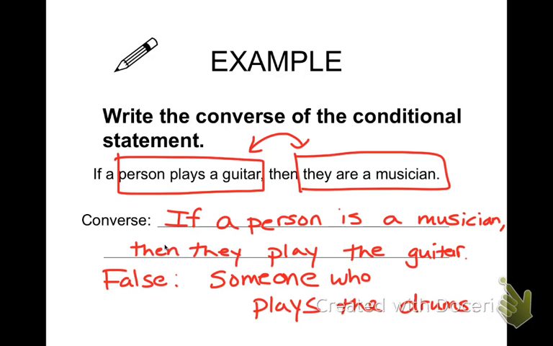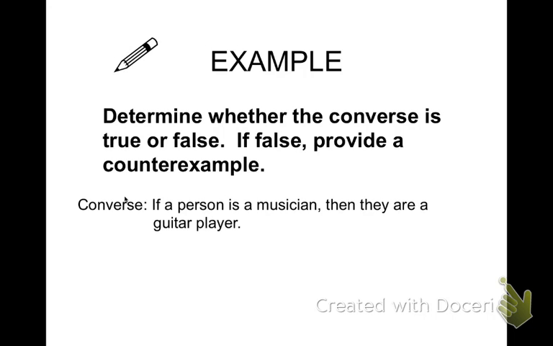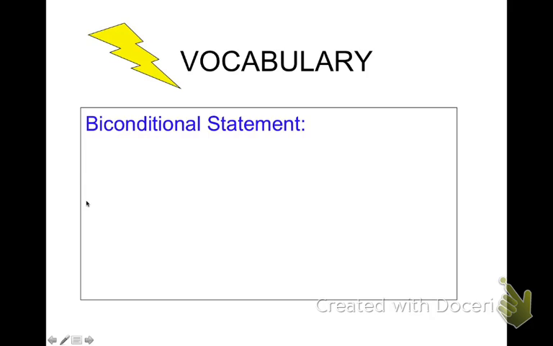Okay. All right. So now we're going to turn into the world of a biconditional statement. Oh, we already did this part. Fanciness. Okay, so write small because there's a lot that's going into this box.